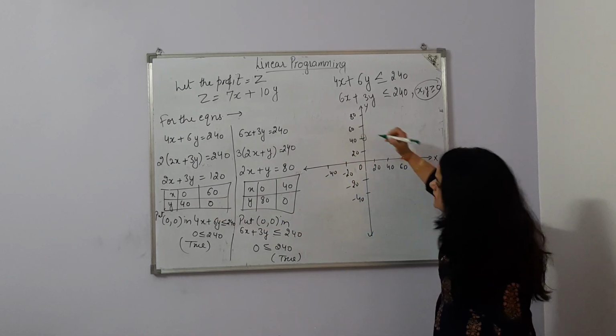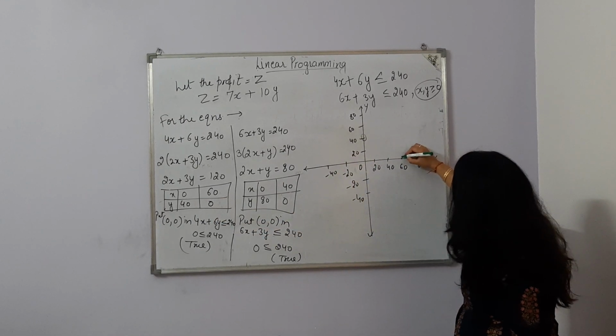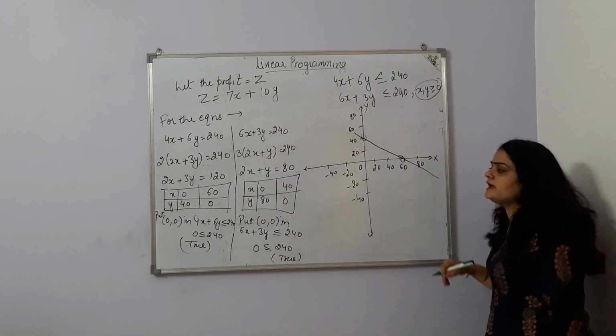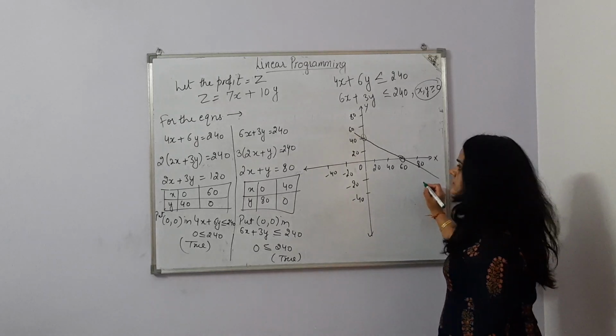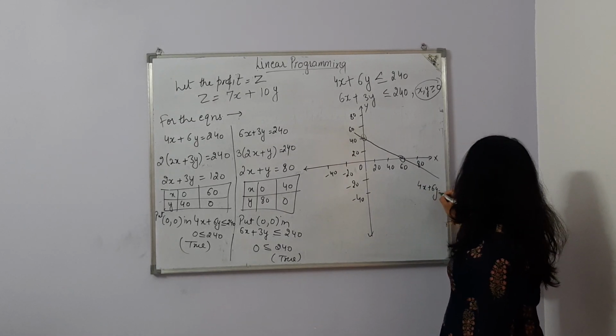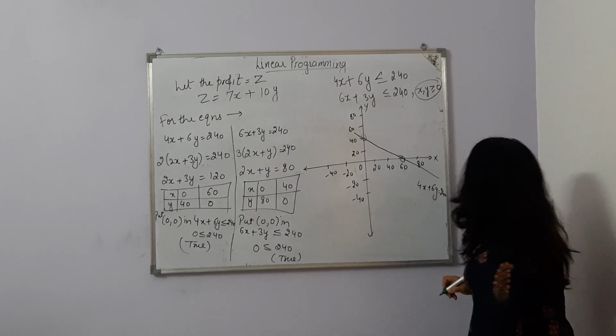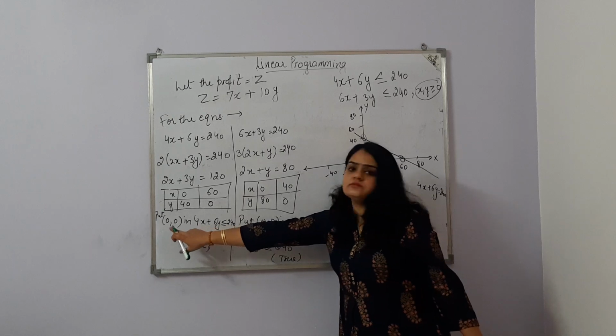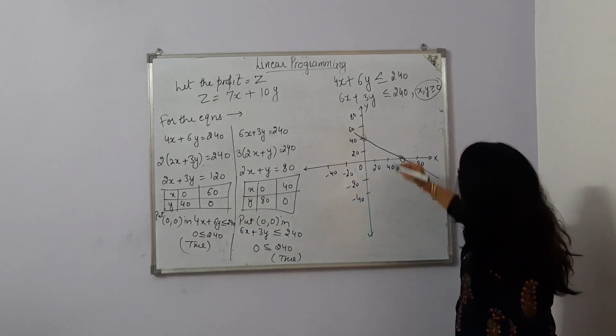This is your 0, 40 and 60, 0. After joining the points, we get one line, and the line's equation is 4x plus 6y equals 240. The case is true and the shading will be towards 0, 0.